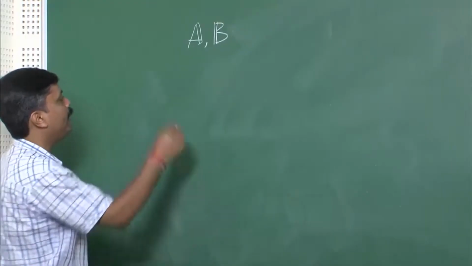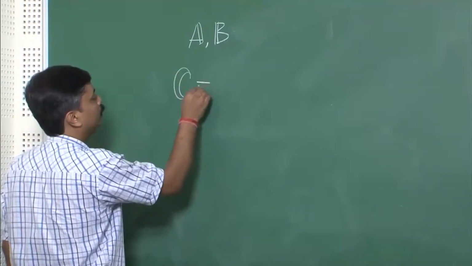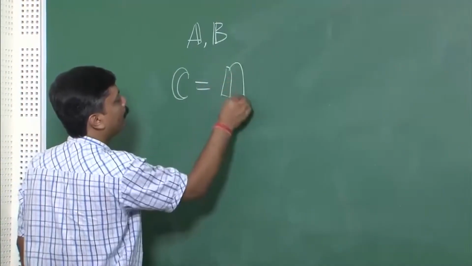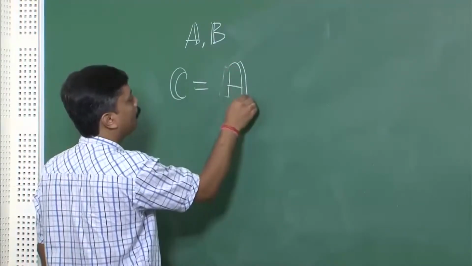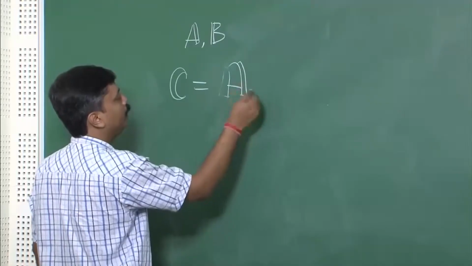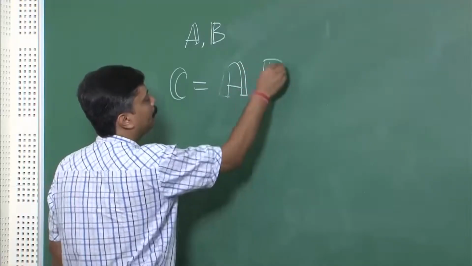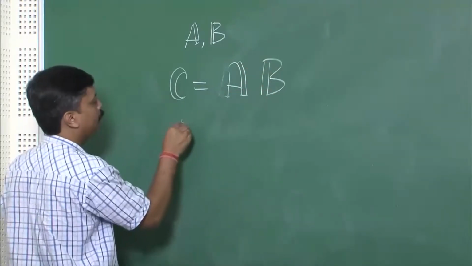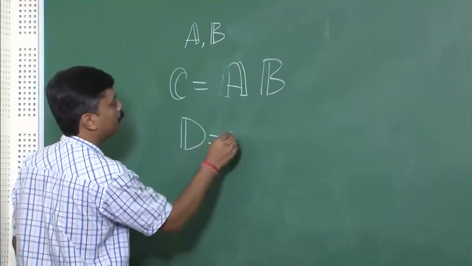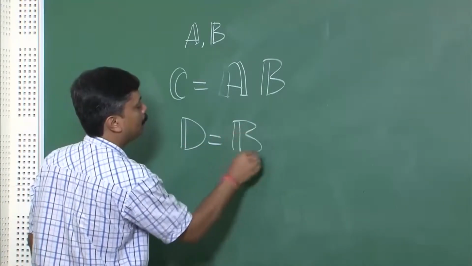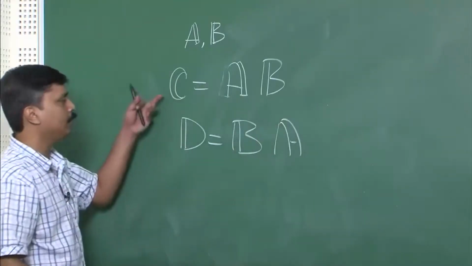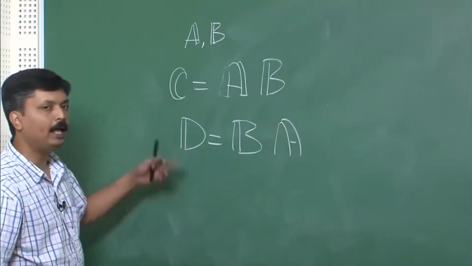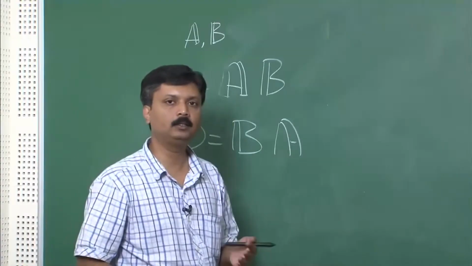So if I have a relation like C equals A B, and D equals B A, then C and D will have identical characters.